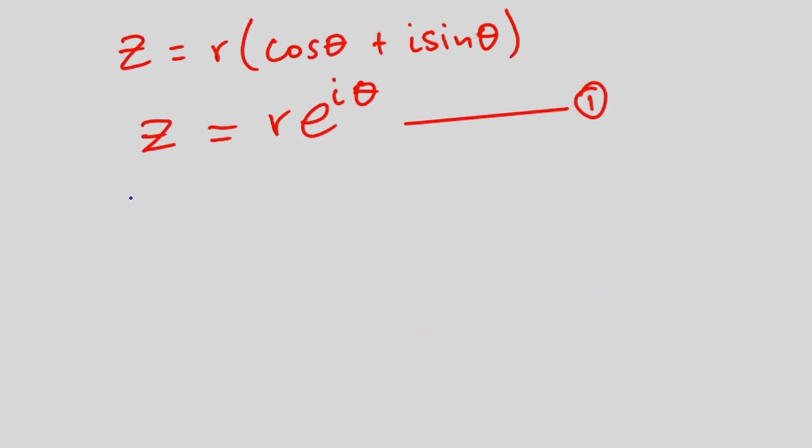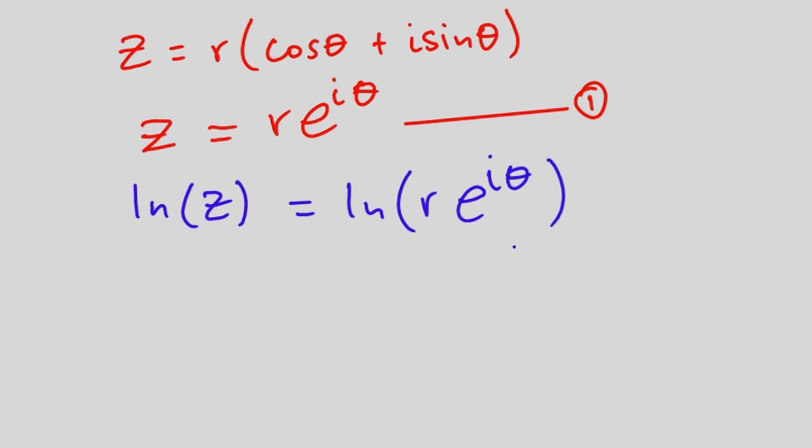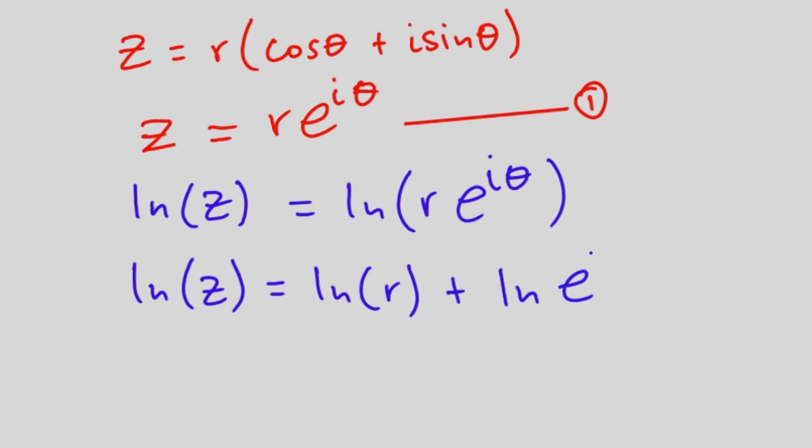Then from equation 1, let's introduce ln on each side of the equation. So we're going to have r e to the power I theta here. Then we'll have ln of z is equal to, this is natural log, so we can split it as ln of r plus ln of e to the power I theta.